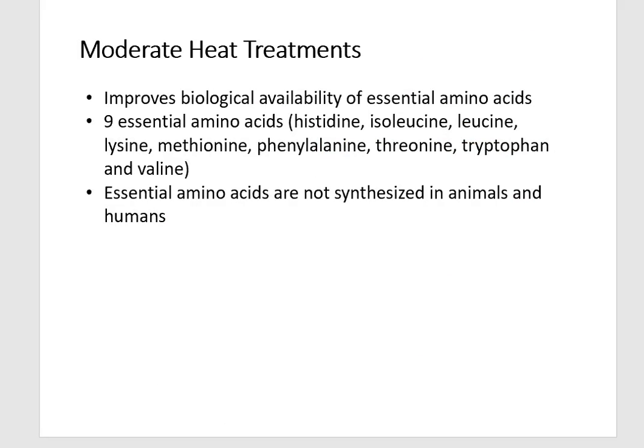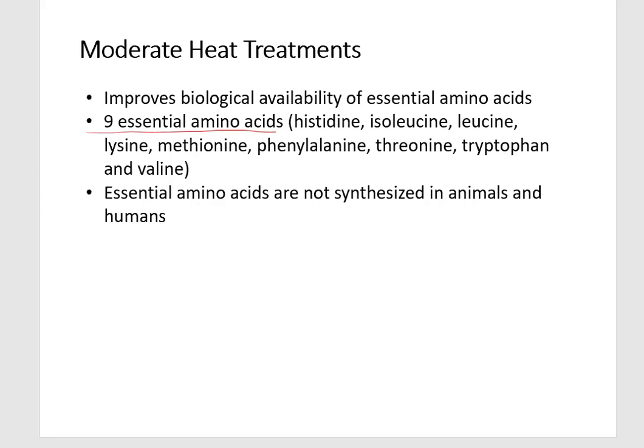So from a nutritional standpoint, partial denaturation caused by moderate heat treatments improves biological availability of essential amino acids. So we have 9 essential amino acids. So what are these?